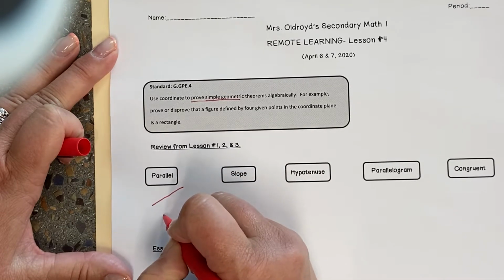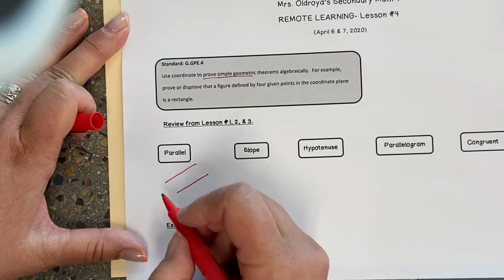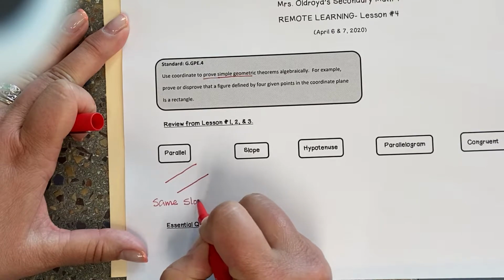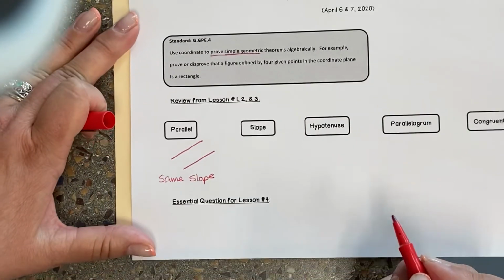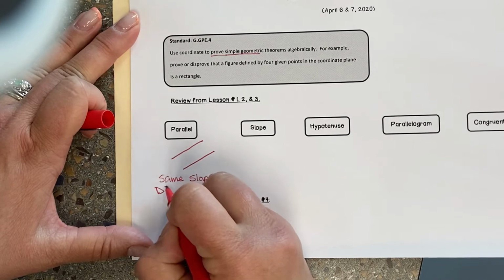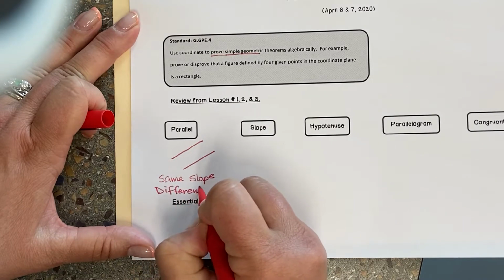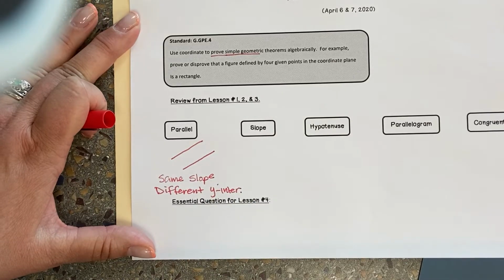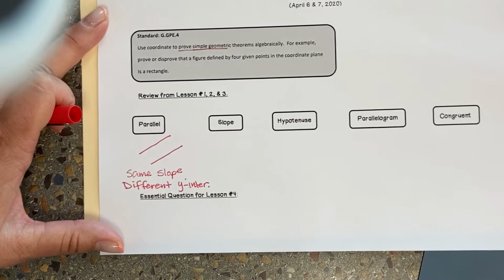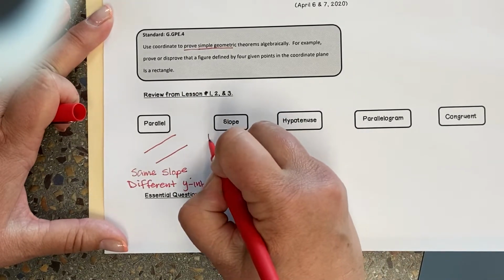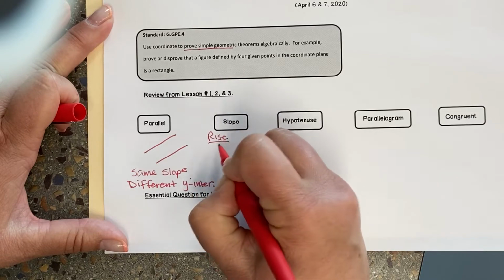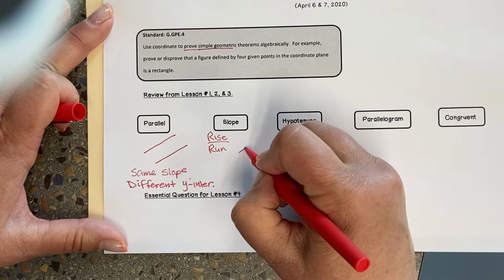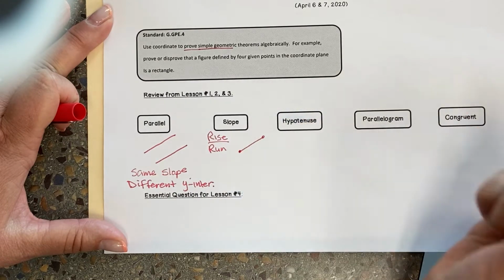Parallel lines. You know that they have to have the same slope and different y-intercepts. Okay. The slope, usually we're just going to count it. It's the rise over the run. So let's say, for instance, we have a positive slope like that.